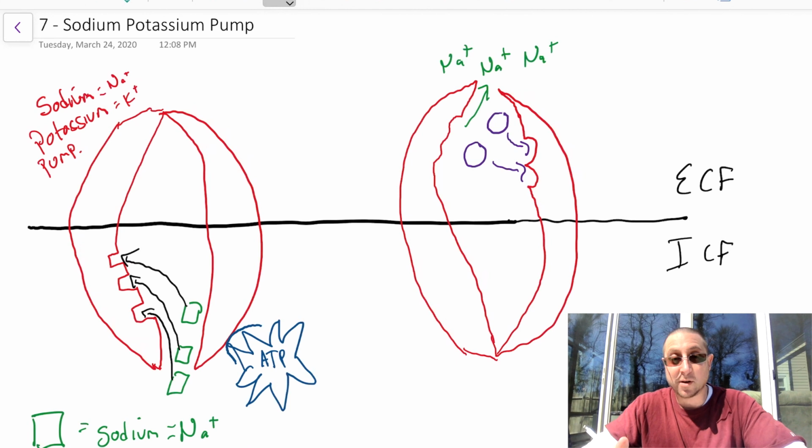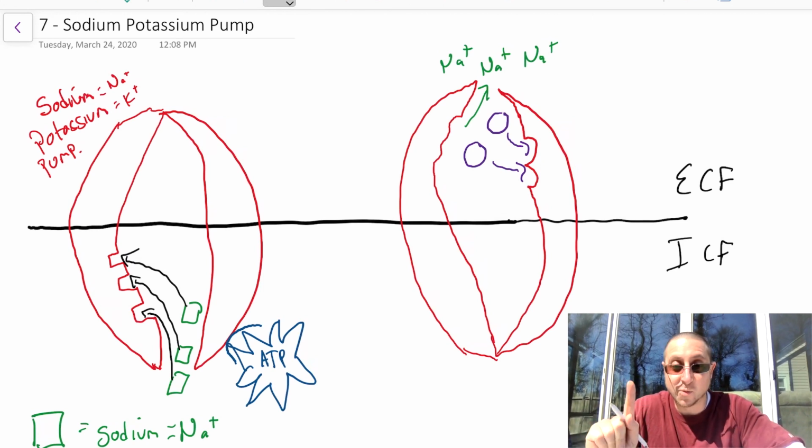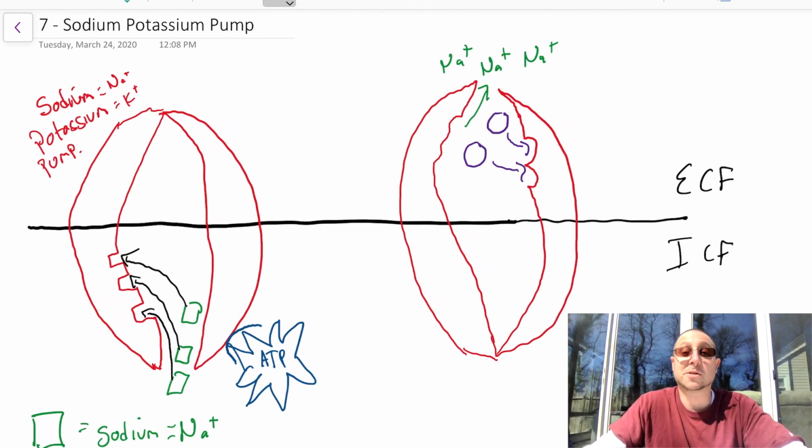However, we are losing 3 sodiums, 3 positives, and then 2 potassiums are going inside. So we are losing a net charge of positive 1 each time this sodium-potassium pump works, keeping that concentration gradient and keeping the negative charge of the neuron.